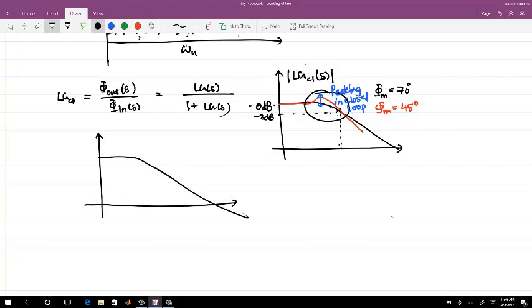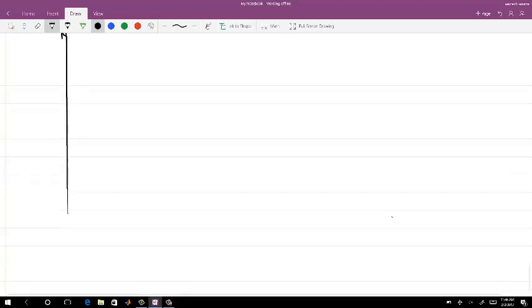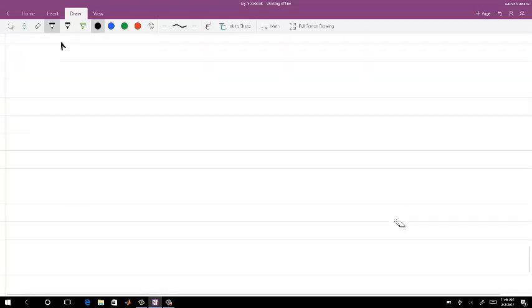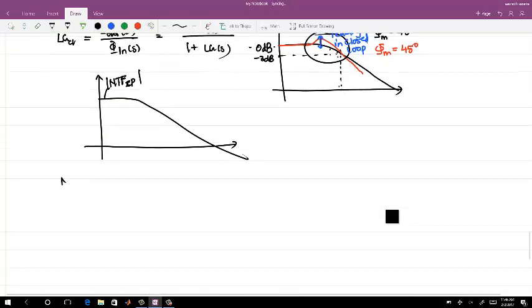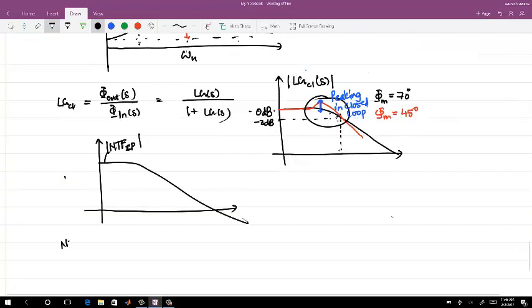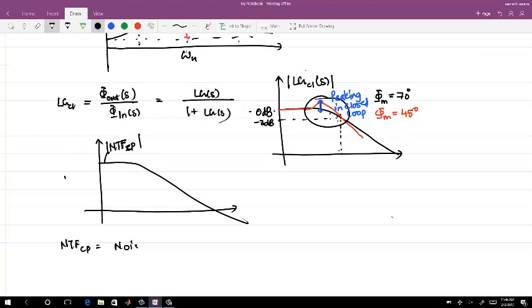I'm just saying this is the noise transfer function, NTF of CP, which is the noise transfer function for the charge pump.